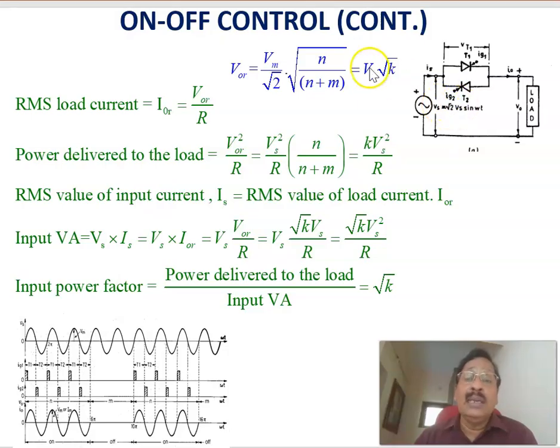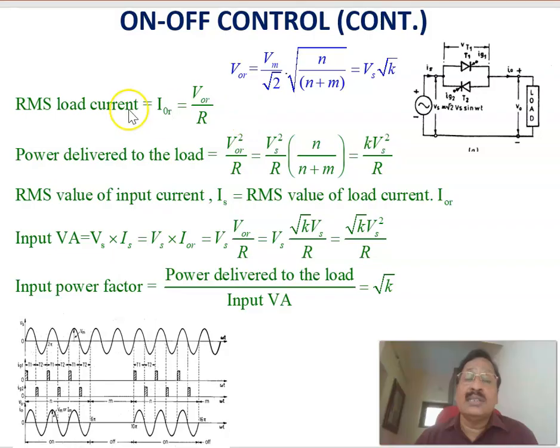Root k, where k equals n divided by n plus m, n being the number of cycles for which the load is connected, and m the number of cycles it is disconnected. So n divided by n plus m is the duty cycle k, and Vs into root k is the RMS value of the AC output voltage. Now the RMS value of the load current is given by the RMS value of the voltage divided by the load resistance.